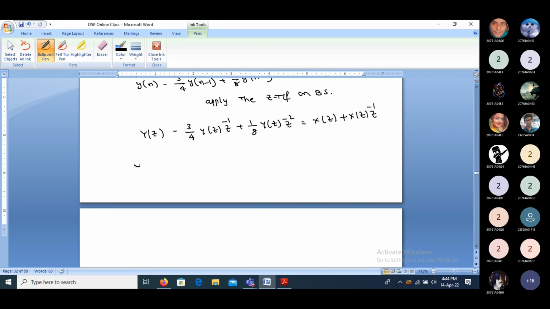So first take Y(z) common: 1 minus 3/4 into z inverse plus 1/8 into z to the power minus 2, and on the right side take X(z) common: 1 plus z inverse.